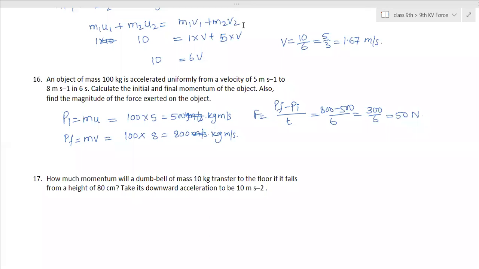Ma'am, velocity is 16 meter per second. No, sorry, 4 meter per second, and this one momentum is 40. Yes, ma'am, 40 kg meter per second.